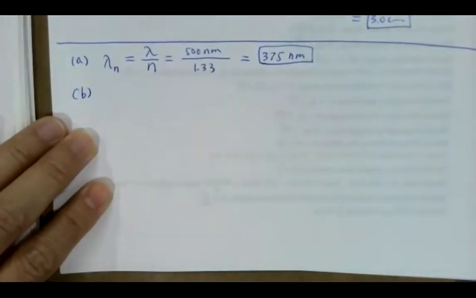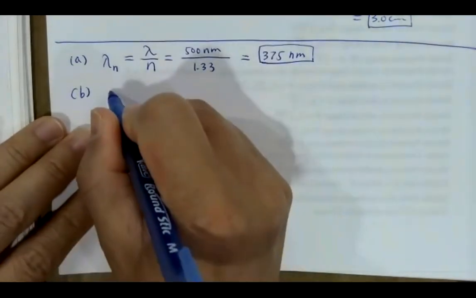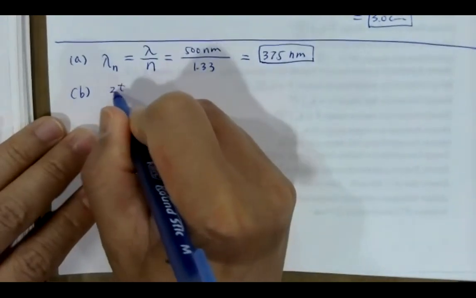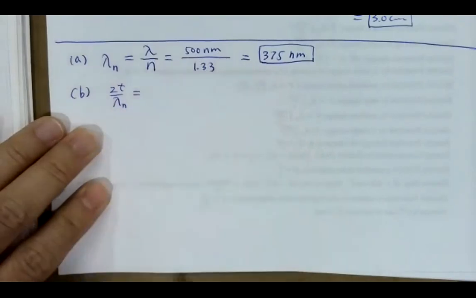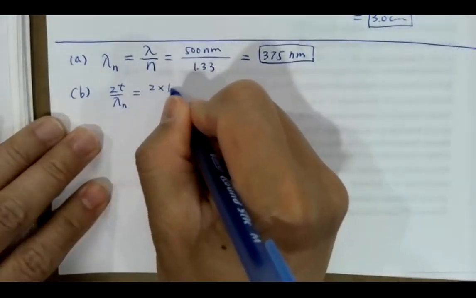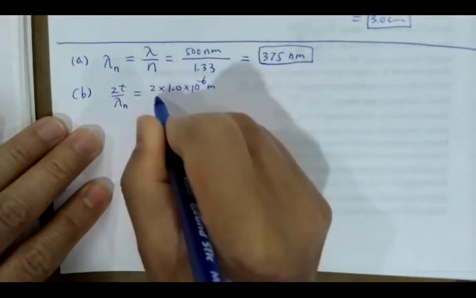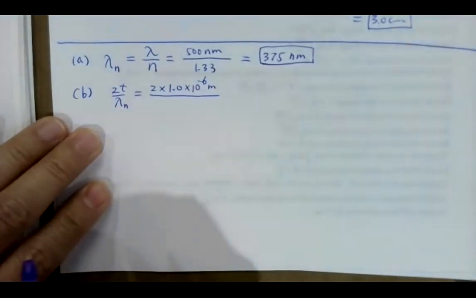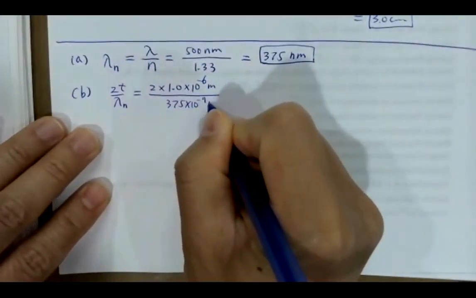And for part B, it's asking how many wavelengths are contained in the distance of 2t. So simply you'll be doing 2t divided by lambda n. That will be the number of wavelengths. So 2 times 1.0 times 10 to the minus 6, that's 1.0 micrometer, divided by 375 times 10 to the minus 9 meters.